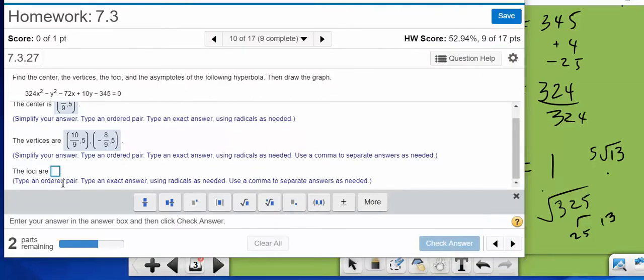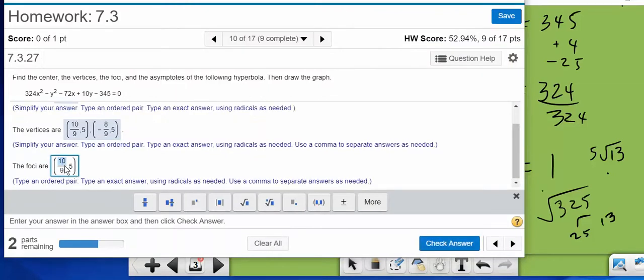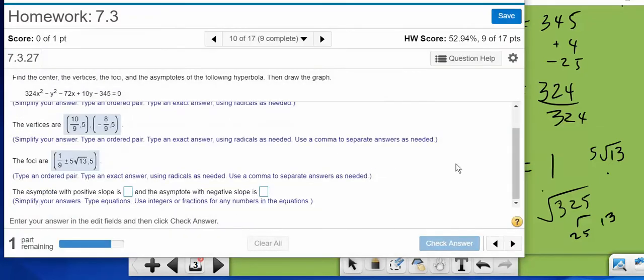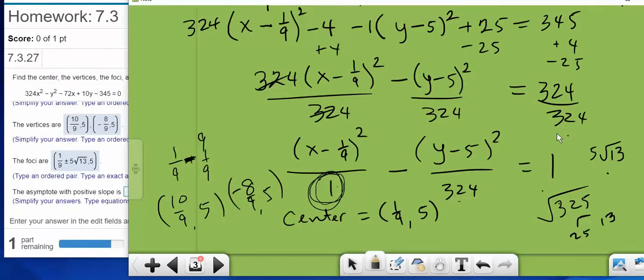So this was supposed to be 1/9, and then we're going to add, subtract 5 square root of 13. Okay, and then the asymptotes.